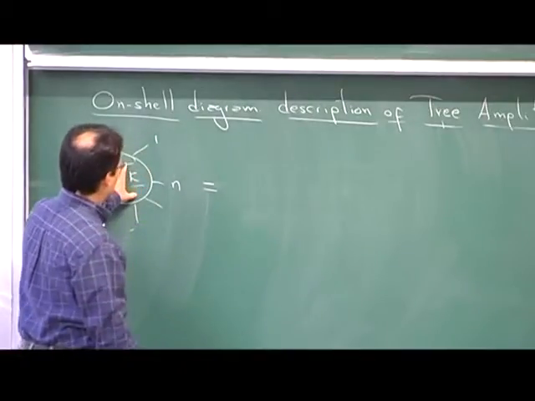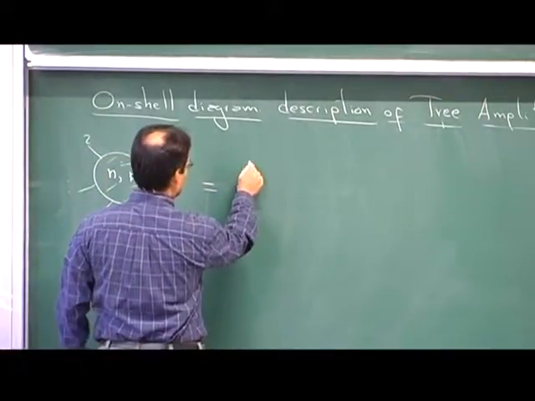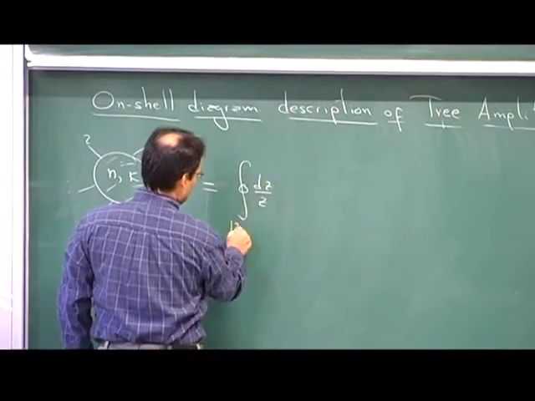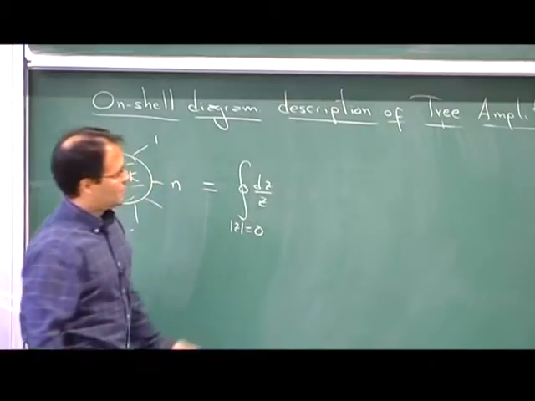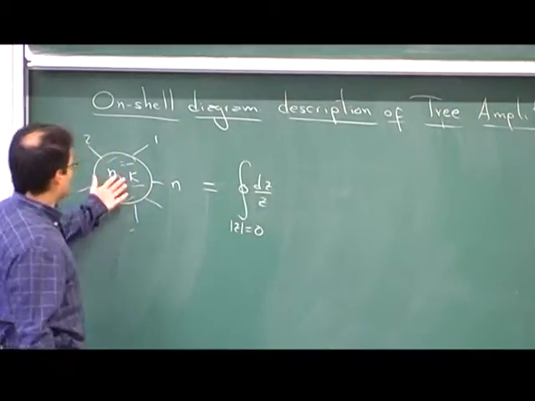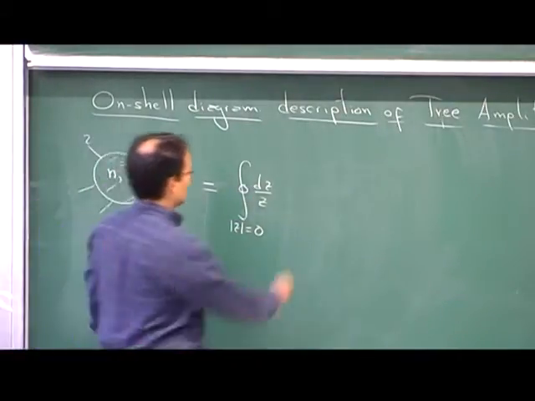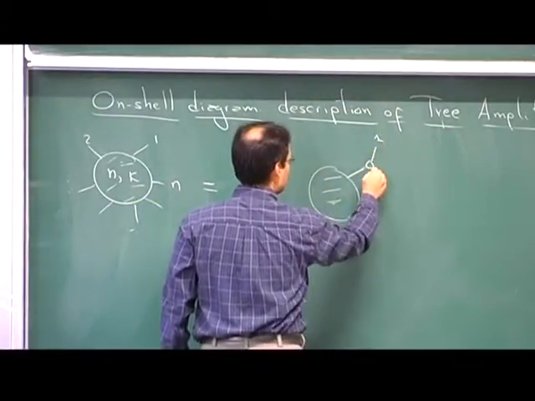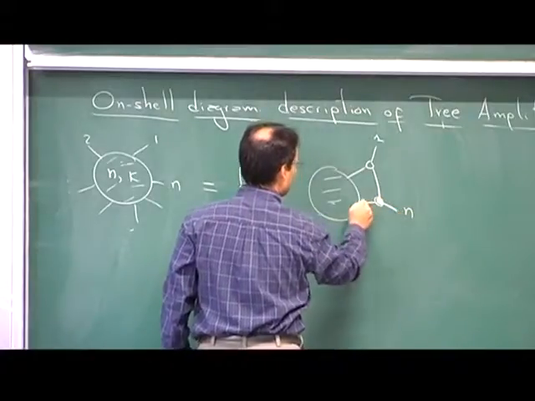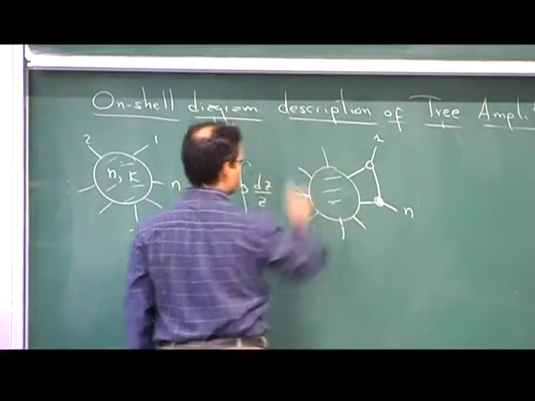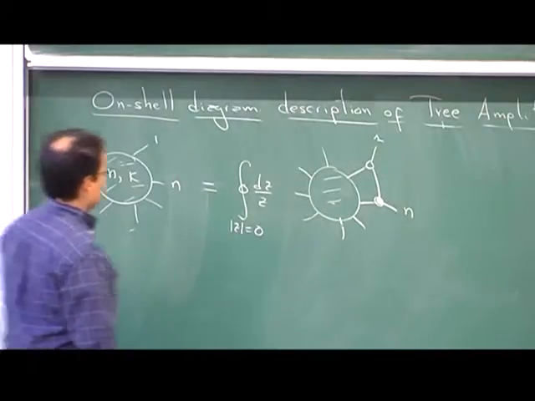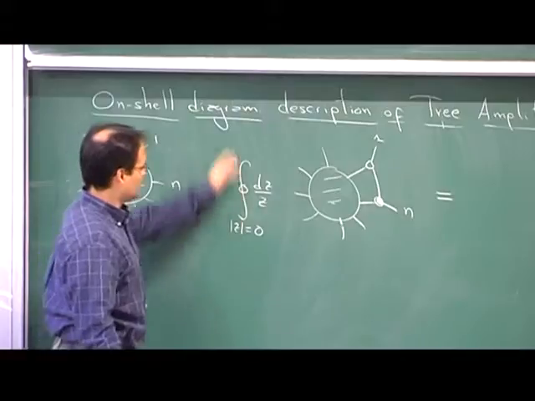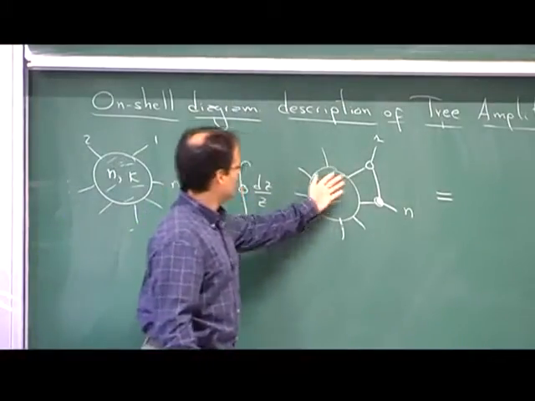And we are going to write this as follows. We're going to write this as an integral dz over z around z equals 0 of the object that you get by attaching a BCFW bridge to this. Okay. Well, as usual, using BCFW, we can use a contour deformation and pick up poles of this object.